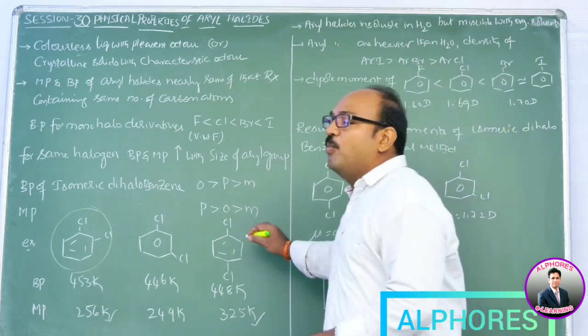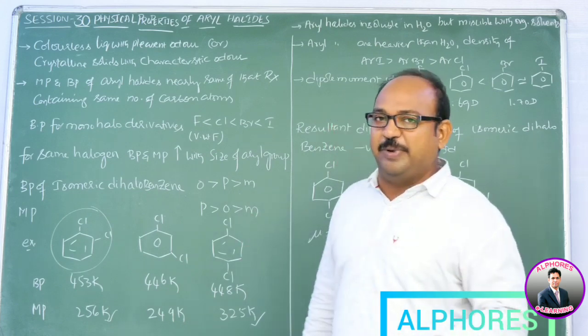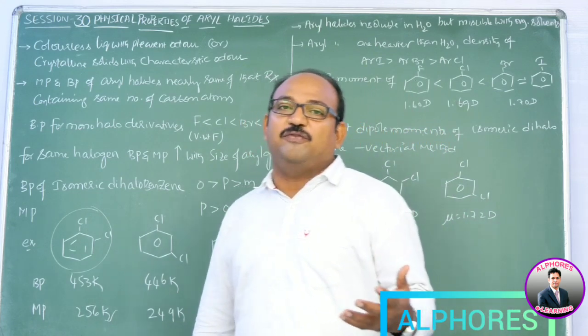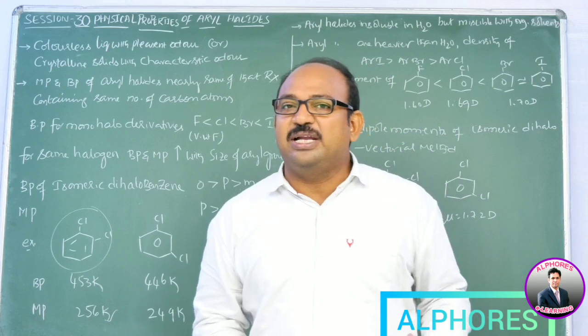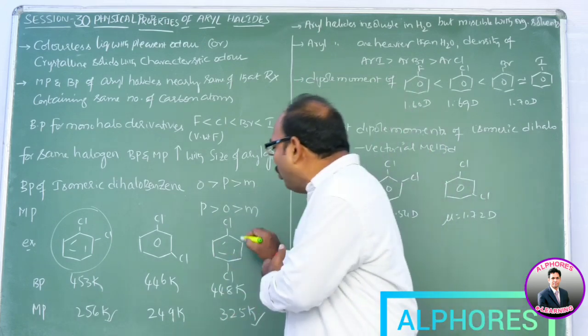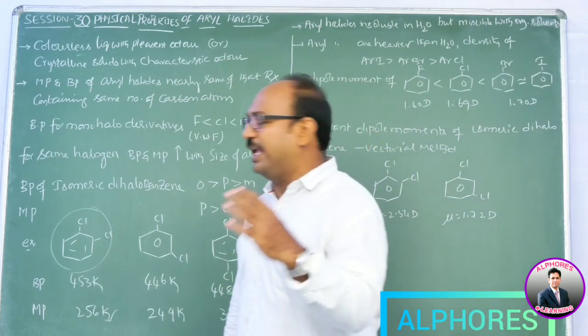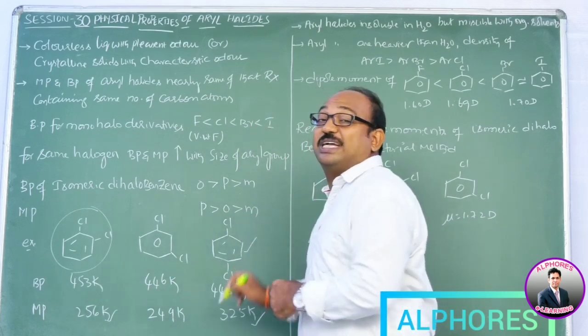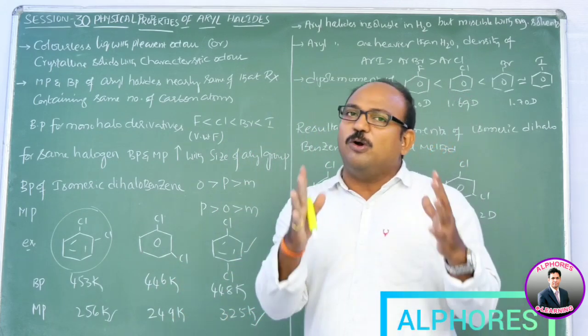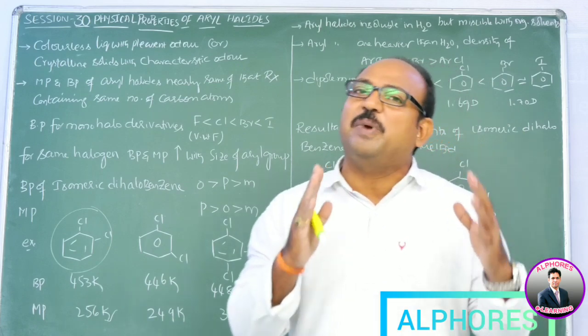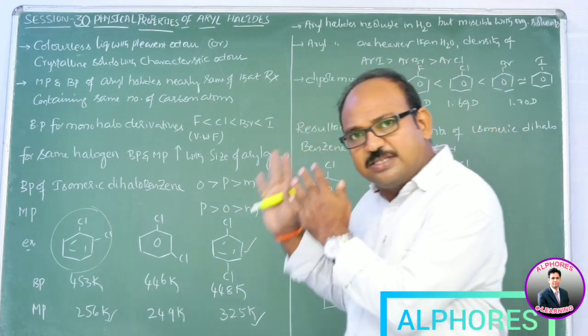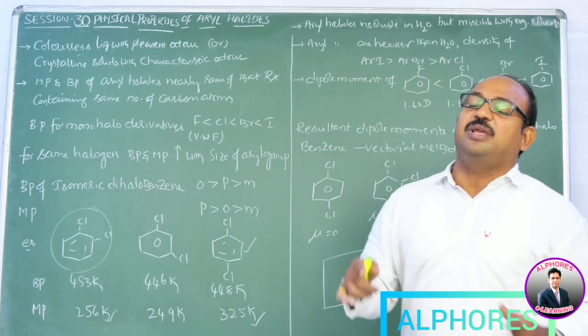That means more packing is possible. In solids, melting point is for solids. In solids, they can pack much more close. In case of para-dichloro, much more close. That's why, because of close packing. Why close packing? Because of symmetrical structure.